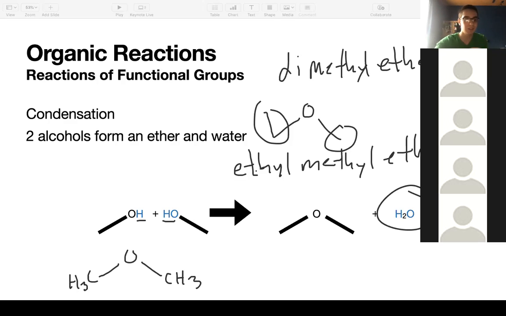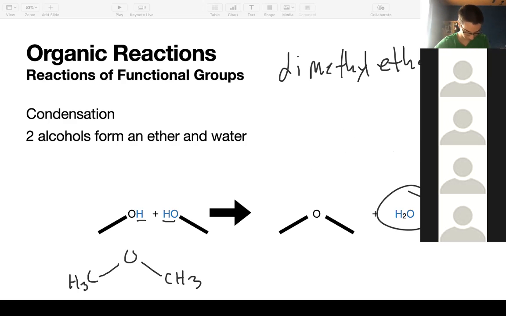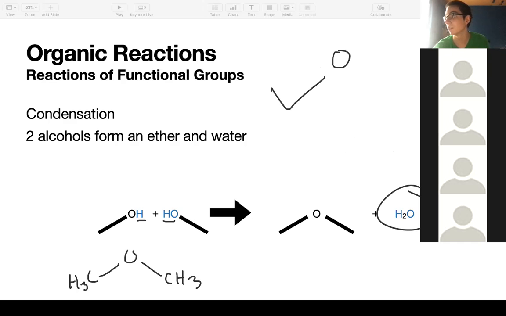So let's look at the ethyl methyl ether. Name substituent plus ether. Okay, yeah. So let's look at this one again. With that other version of naming ethers, we're going to look at the longest chain.